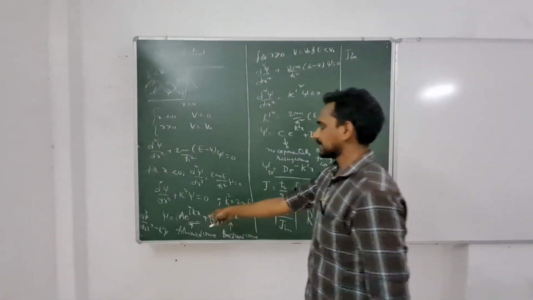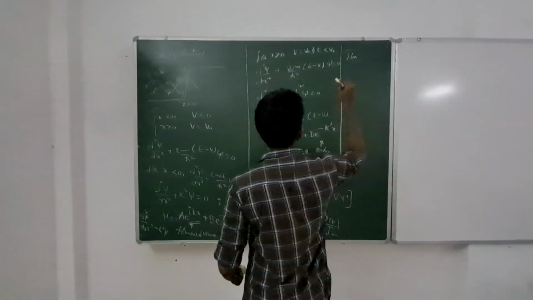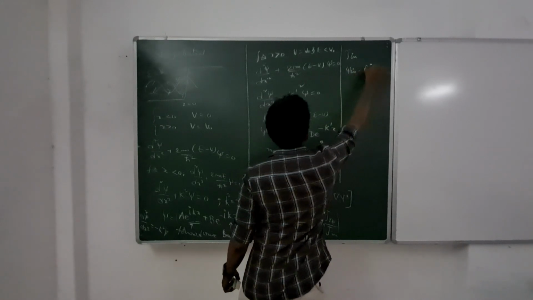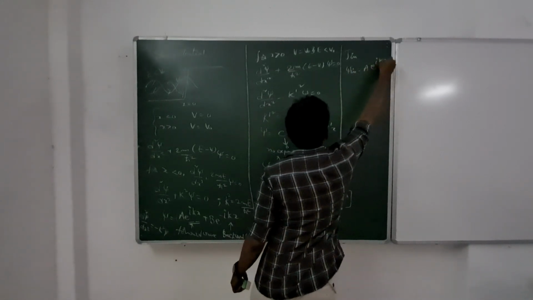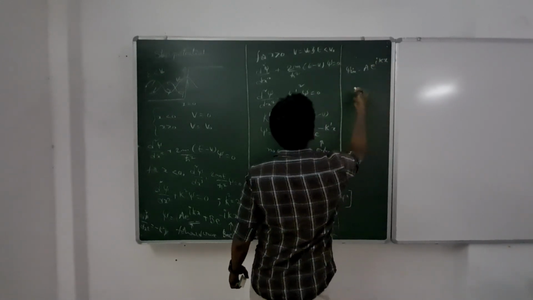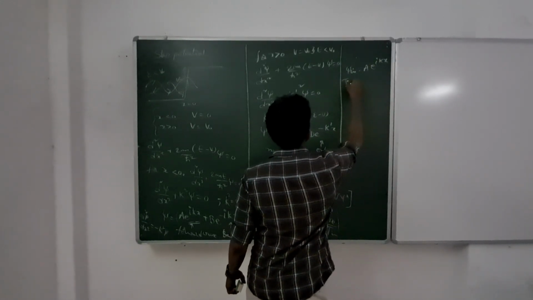So A e power ikx is the incident wave. So ψ incident is equal to A e power ikx. Then what about J incident?